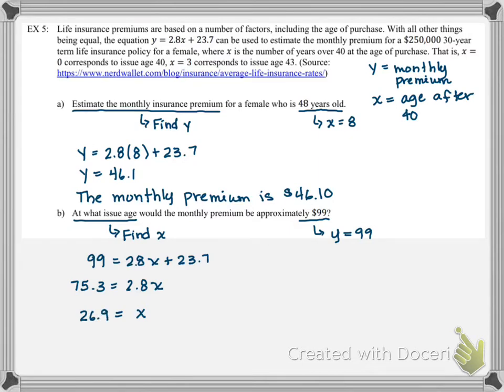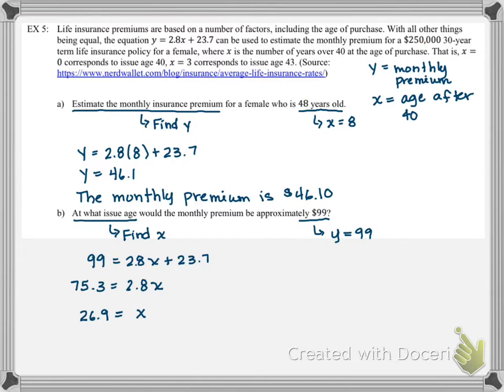So what is this person's age approximately? Remember that X is the number of years beyond 40. So you could say 46.9. I would probably say around 47 years old, because I don't usually say I'm 41.3 years old.